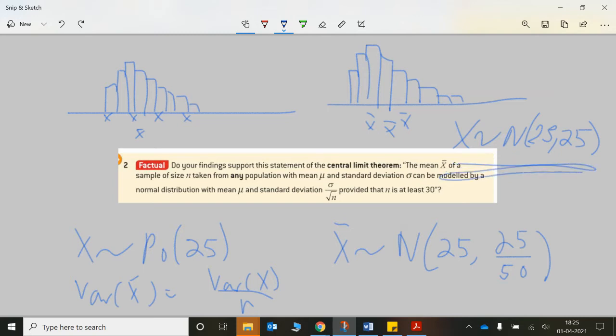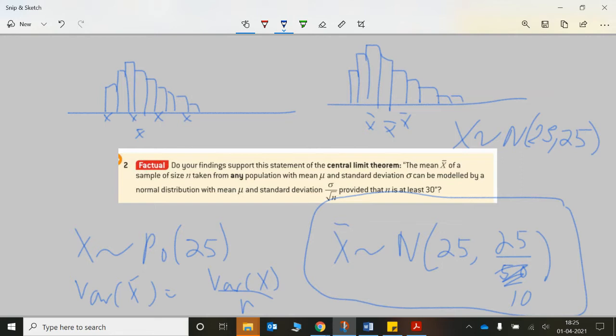Then we can immediately say that this is our X bar distribution, even if n is less than 30. If we're originally coming from the normal distribution, it doesn't matter that n has to be 30 or more. For example, if n was 10, this would still be valid for our X bar distribution, because we're making E of X and variance of X from our normal distribution.